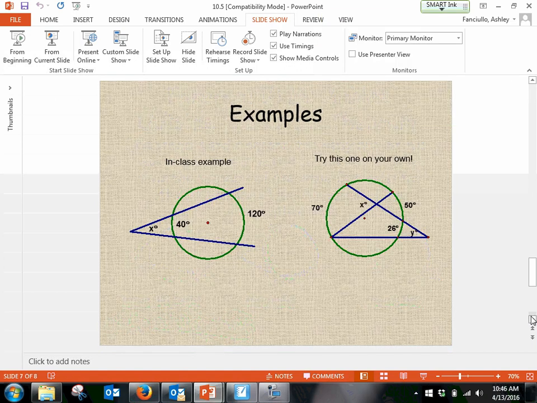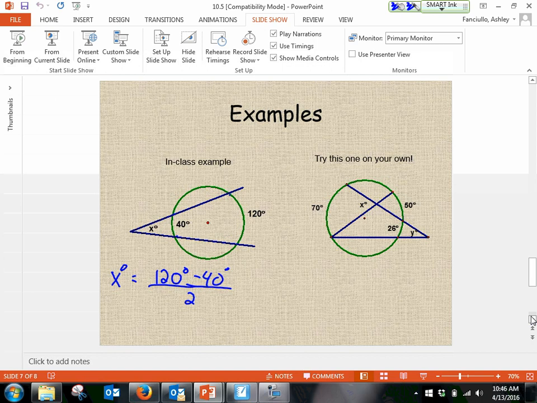All right, so if I have this first one where I have 2 secants because I'm hitting the circle in 2 different spots, all I'm going to do to find x is take 120 minus 40, and I'm going to divide that by 2.